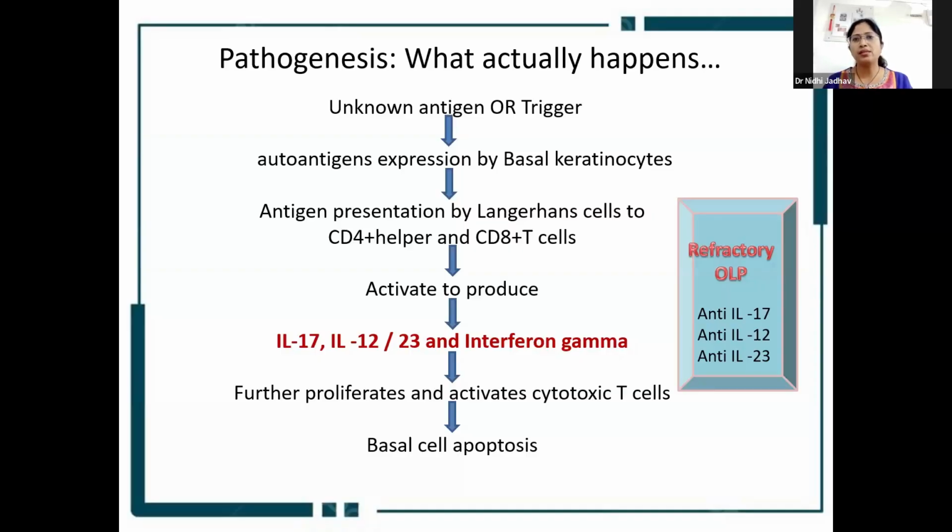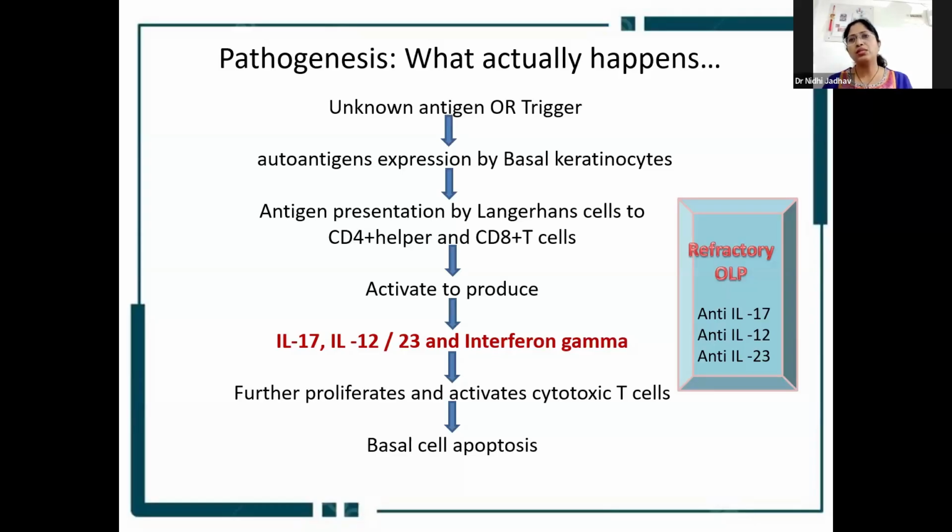When these autoantigens are expressed, they are presented by the Langerhans cells to the CD4 plus helper cells and CD8 plus T cells, which get activated to produce interleukin 17, 12, 23, and interferon gamma. These cytokines lead to proliferation and activation of the cytotoxic T cells, which lead to the basal cell apoptosis that we know of in oral lichen planus.